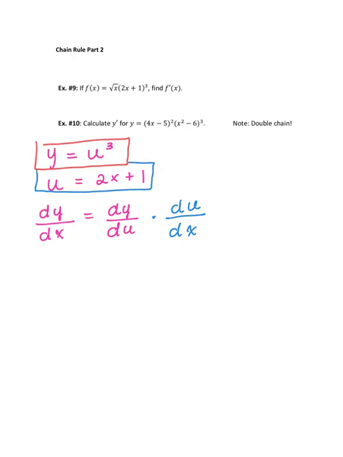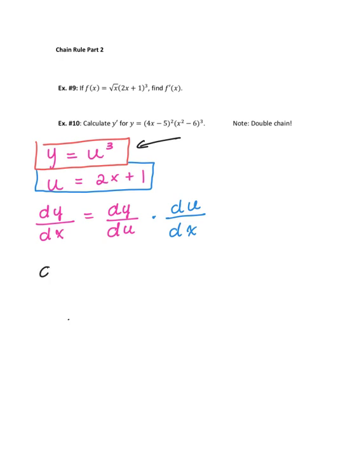Okay, so, and you can just pay attention. You don't have to write these notes if you just want to listen to what I'm going to do. That's fine too. So I'm going to go ahead and find the derivative of y with respect to u, which is that, okay? That's a power rule function. Power rule says bring the power to the front, subtract by 1.